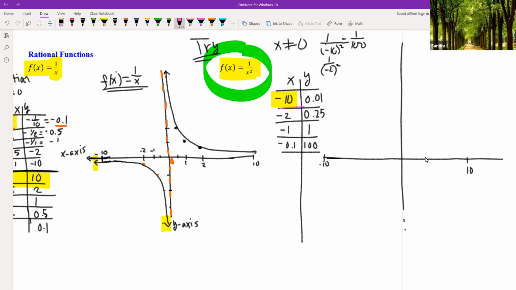Okay, so this is enough for me. I can actually graph it. So this is negative 10 and 0.01. It's very, very small. And then I have to go back and plot the other ordered pairs. So negative 2 and 0.25. Negative 1 and 1.